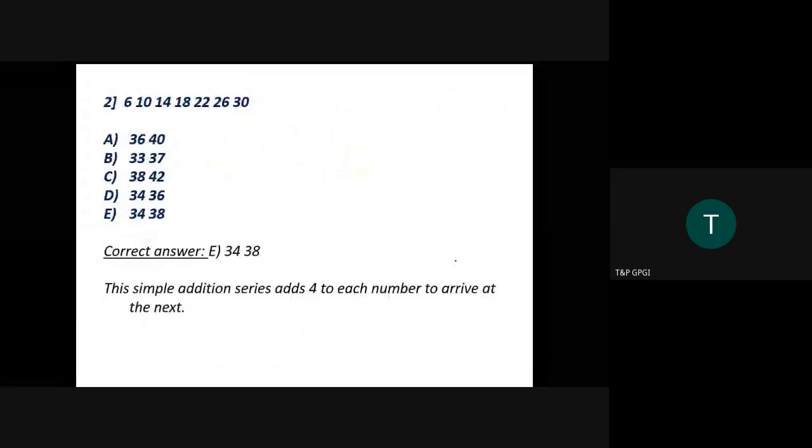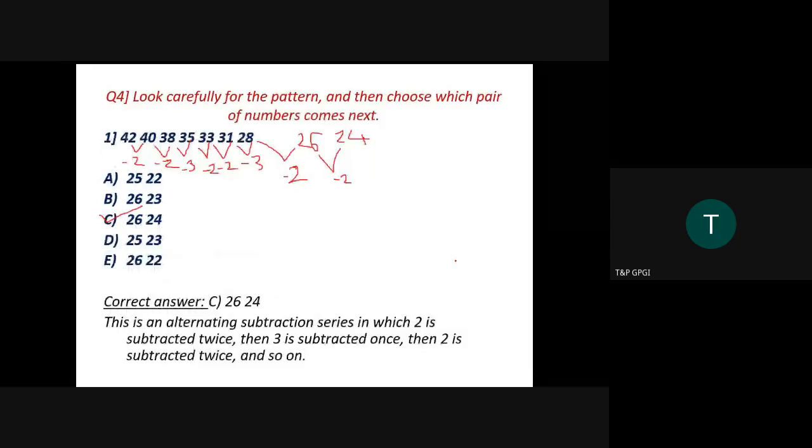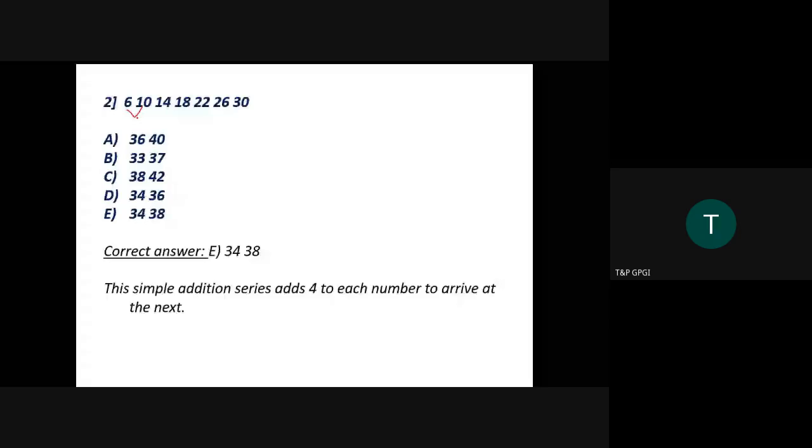Now see, what was the question? We have to carefully look at the pattern, and we have to choose a pair which will come next. That means at the last. Here also the same thing. And here if you see, 6 plus 4 will give me 10. 10 plus 4 will give me 14. 14 plus 4 will give 18. 18 plus 4 is 22. 22 plus 4 is 26.